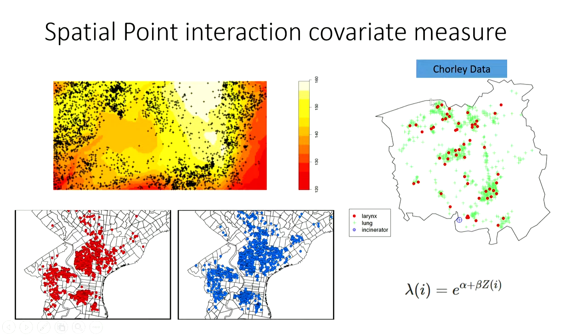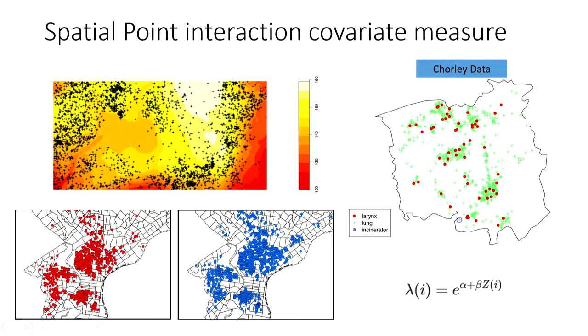The other example shown is the correlate data set. It's quite a famous data set, especially available in these cases. The data set has larynx cancers, and there's a mapping of larynx and lung cancer. Generally the lung cancers have been mapped, and out of those, a few larynx cancers have been mapped, and there is also an older source incinerator, whose location has been shown over here.